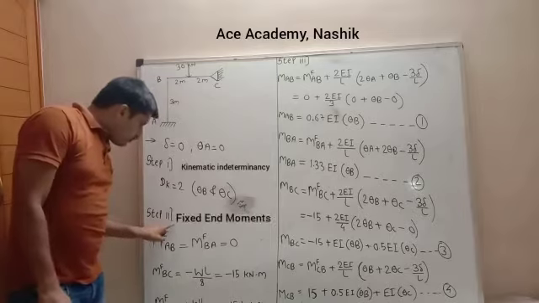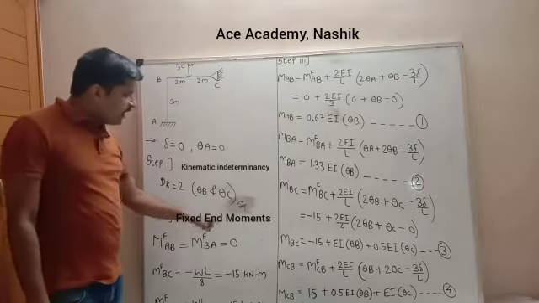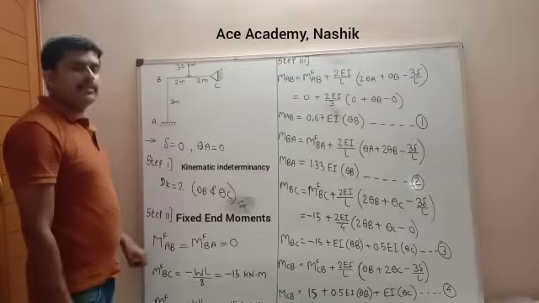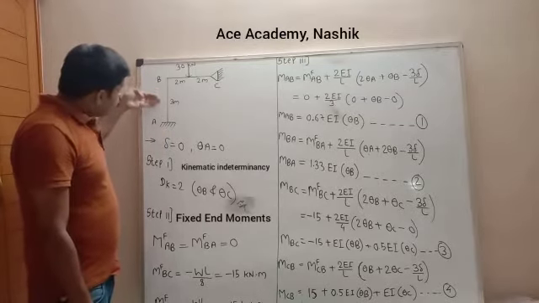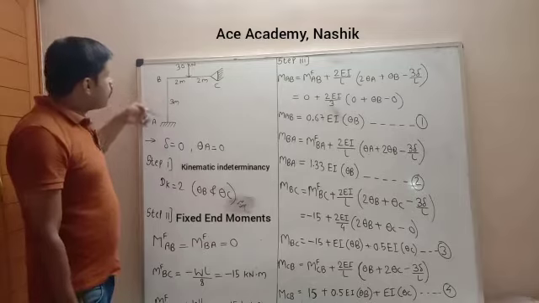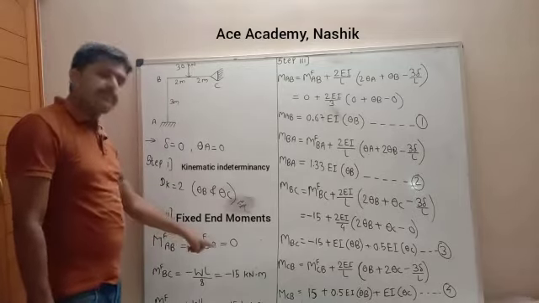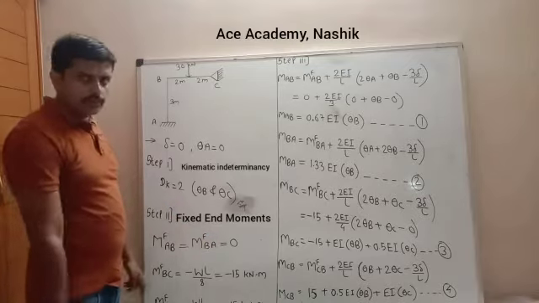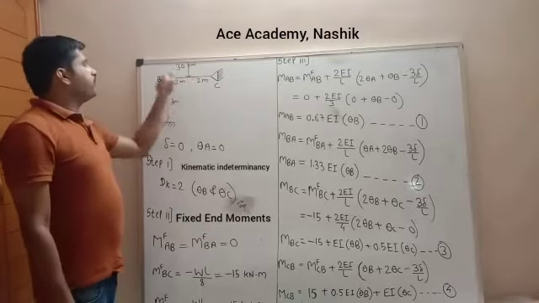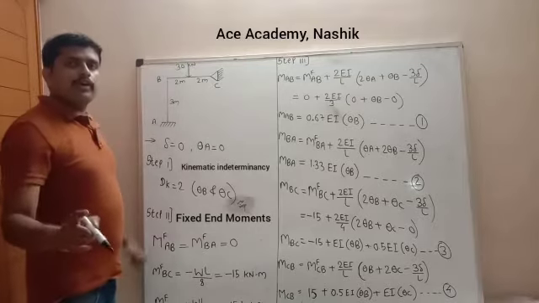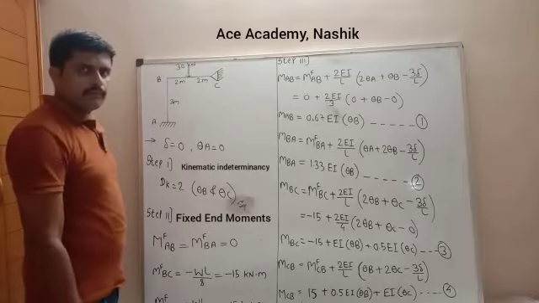Now, our step number 2 is fixed end moments. Consider span AB. Since there is no load present on span AB, MFAB and MFBA will be 0. For span BC, there is a center point load of 30 kN.